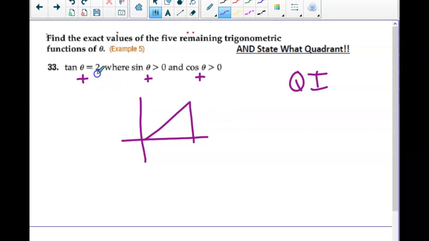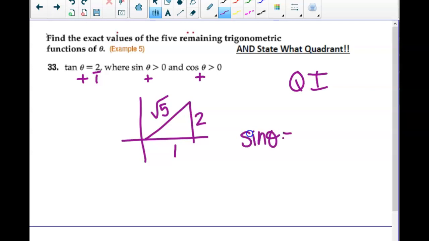Then how do I label tangent? Well, first of all, I'm going to make it a fraction so that I can label opposite over adjacent. Can I do Pythagorean theorem in my head real fast for you? Square that, you get 4. Square that, you get 1. Square root of 5. And what if it asks for sine?